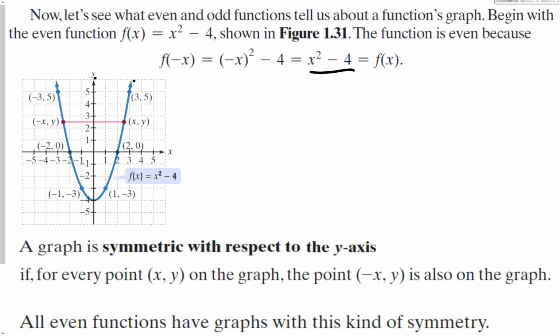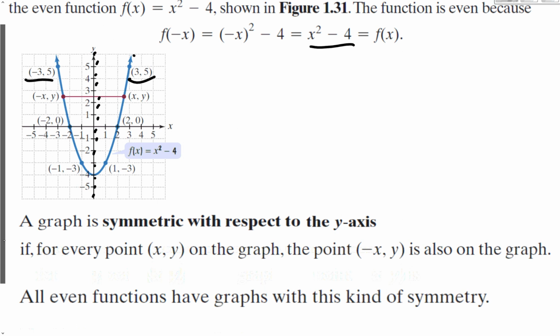Notice that this function is symmetric with respect to the y-axis. It's like the y-axis is a mirror. It's the same on both sides. If we have a point here, 3, 5, we also will have the point negative 3, comma 5. All even functions are symmetric about the y-axis. Always.